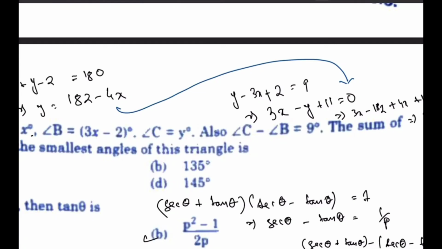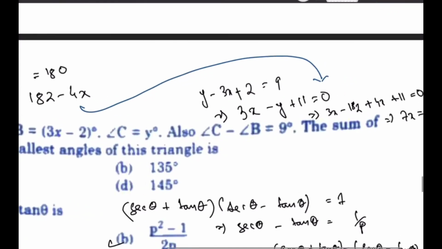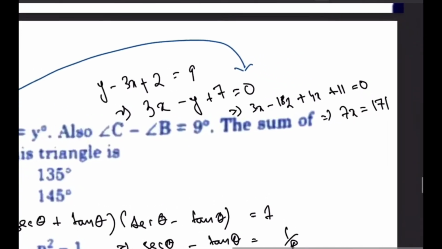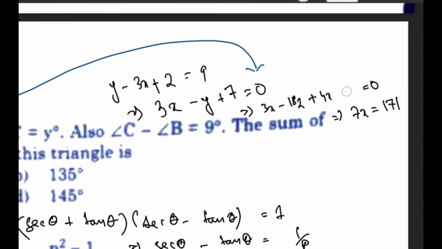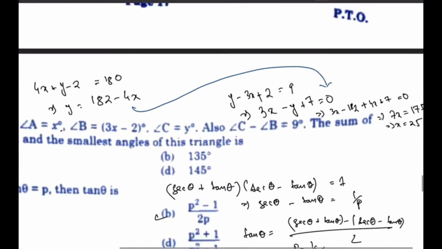Yes. So 3x minus y plus, this should have been 7. This should have been 7. So this should have been 175, implying that x is 25. Okay, so y has to be 82.